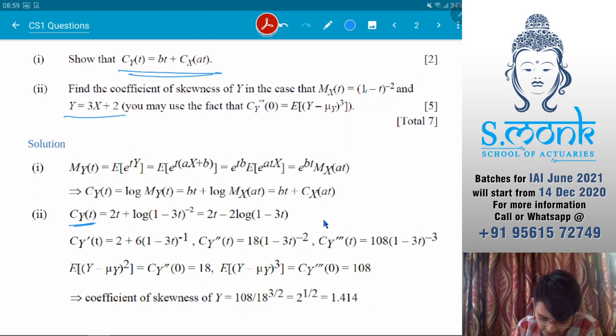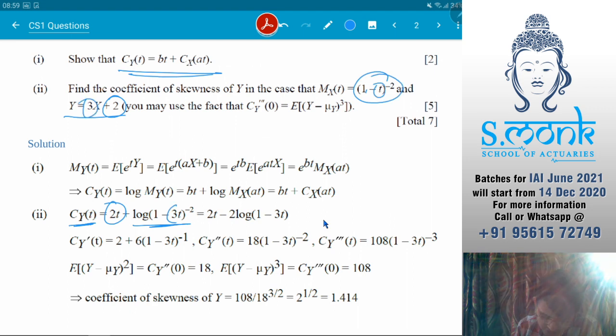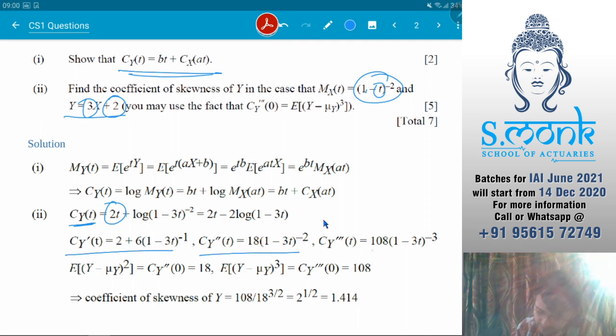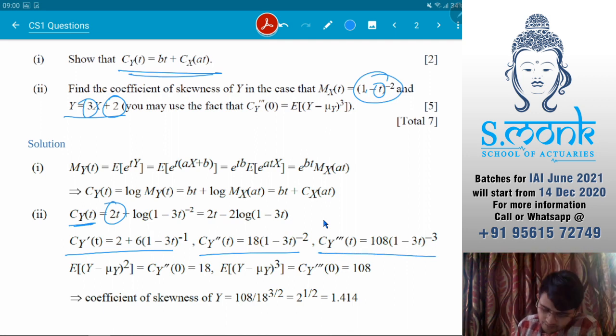So CY(t) is going to be 2t plus log of this, where instead of t, I will have at. So 3t. And then if you want cumulant, if you want skewness, you have to find your triple differentiation. So first differentiation, second differentiation, third differentiation. Put t equals 0 and you will get skewness.